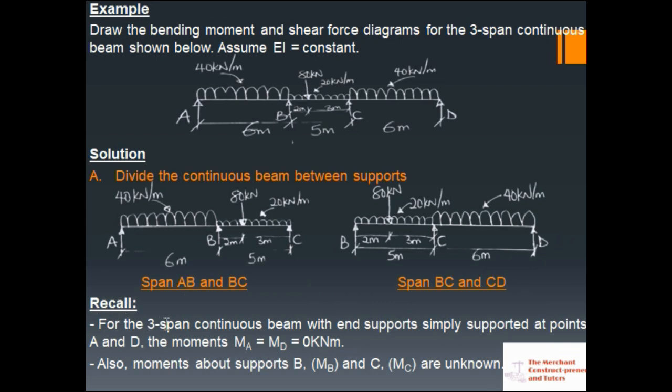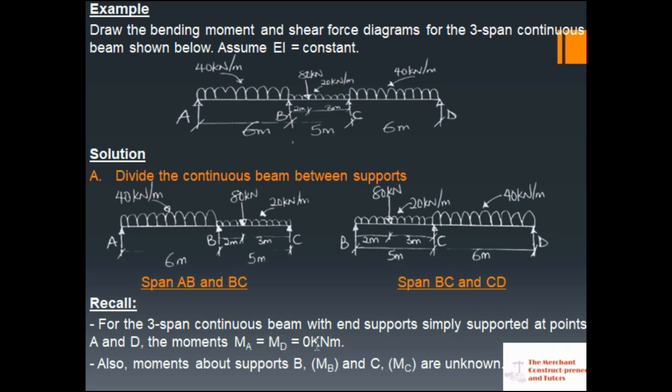For the 3-span continuous beam with end supports simply supported at points A and D, the moment MA equals MD equals 0. I don't know if you understand this statement. The ends at points A and D are simply supported, so the moment at those portions is equal to 0.